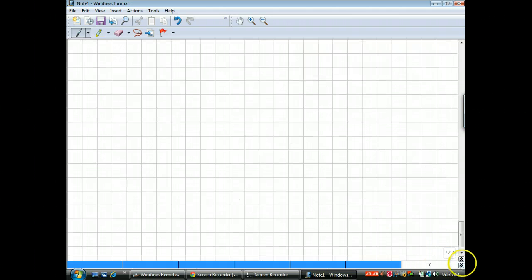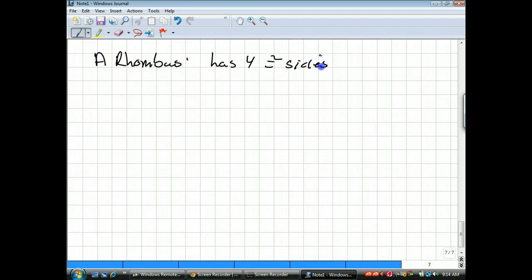Okay? All right, so let's review what we know about a rhombus. Okay, this is a summary of what we know. It has 4 congruent sides, has all properties of a parallelogram.